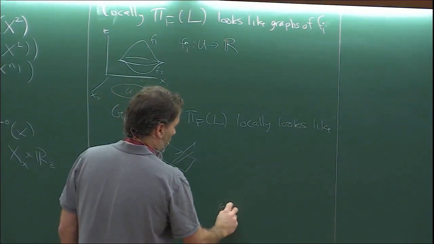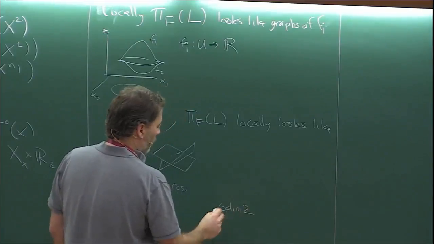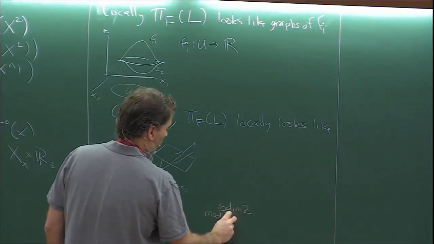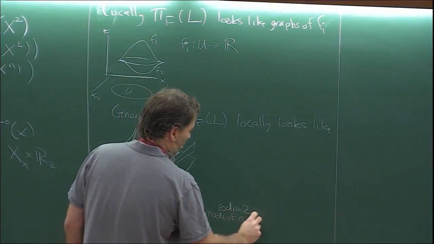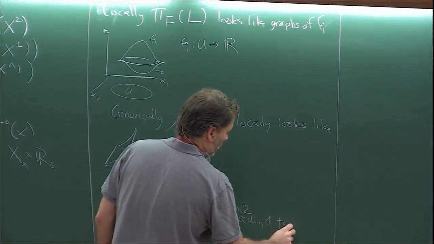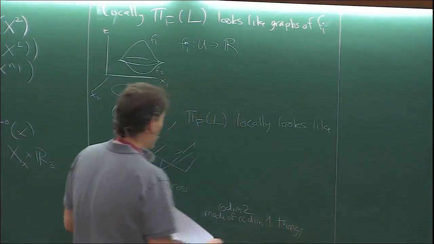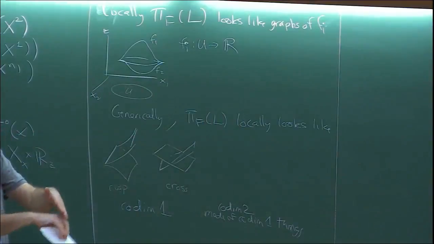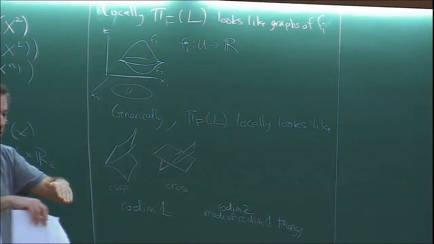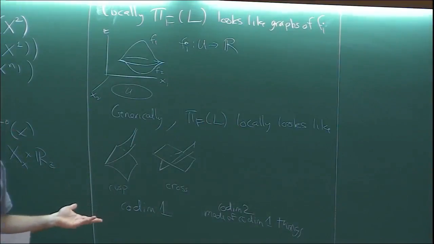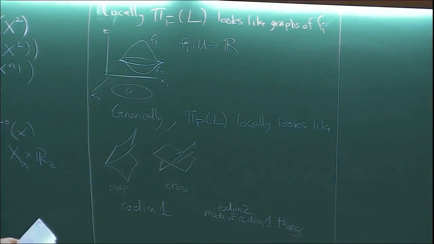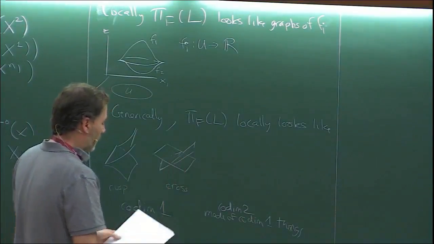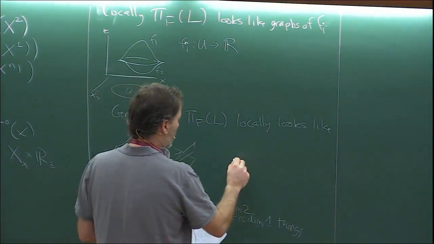Codimension 2 could be made of codimension 1 things. For example, I have 2 sheets coming in at a cusp, and I have a third sheet crossing, and then the crossing and the cusp meet. Something like that. Or one particular one would be a swallowtail point.